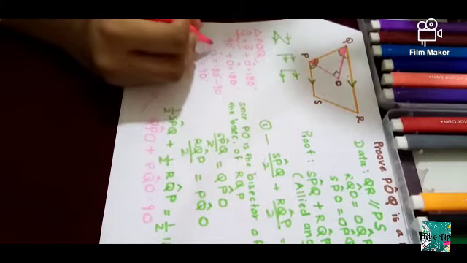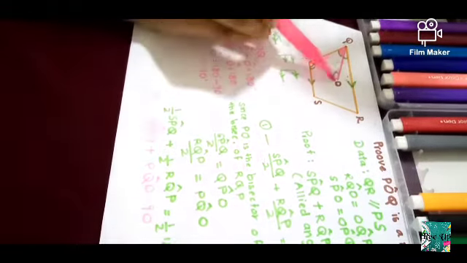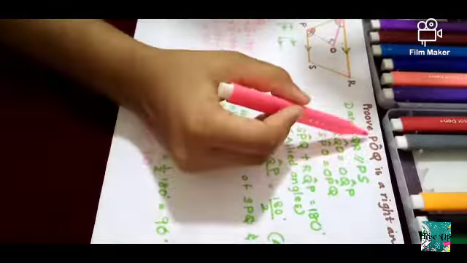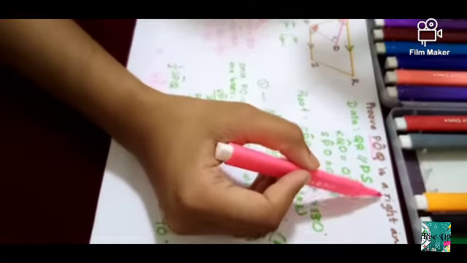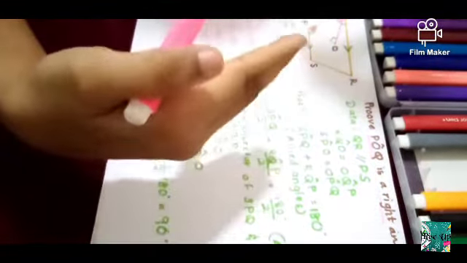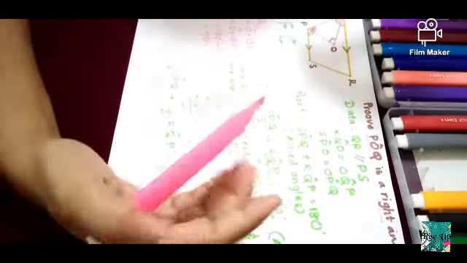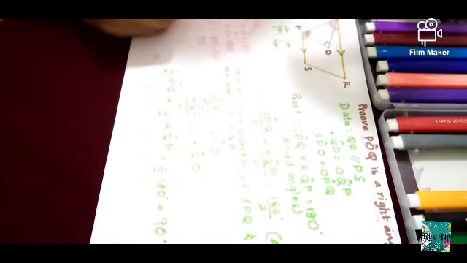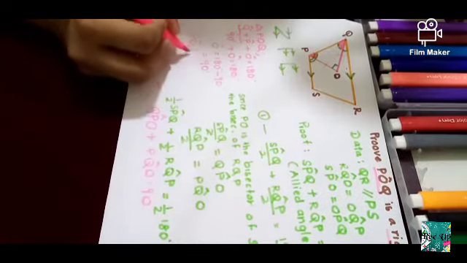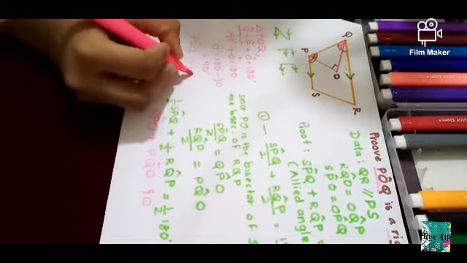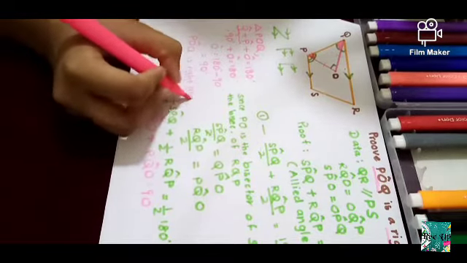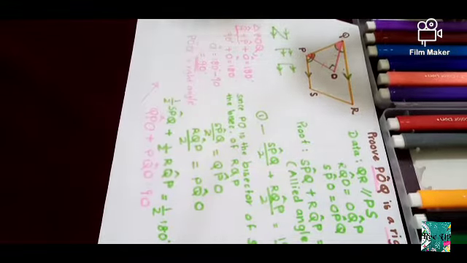Therefore, the angle POQ, what we have been asked to prove, POQ is a right angle. To become a right angle, the condition that you want to prove is 90 degrees. So we have already done this. Therefore, we can say that angle POQ is a right angle because we proved that it is giving the value of 90 degrees. So this is the question.